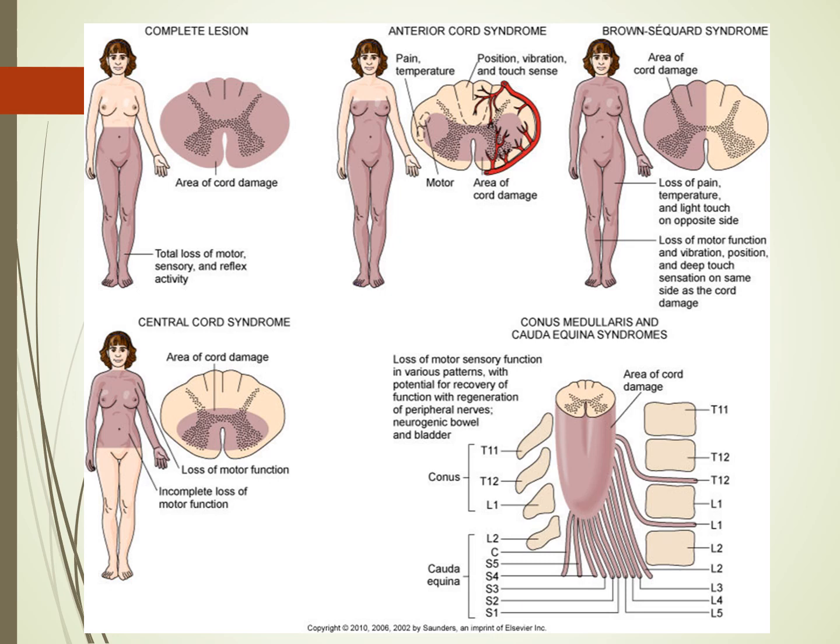The other types it's kind of a mixed bag. You can see the anterior cord, that Brown-Sequard syndrome, and central cord syndrome. And then there's this cauda equina syndrome. I don't expect you all to know these. Please just know that they exist.